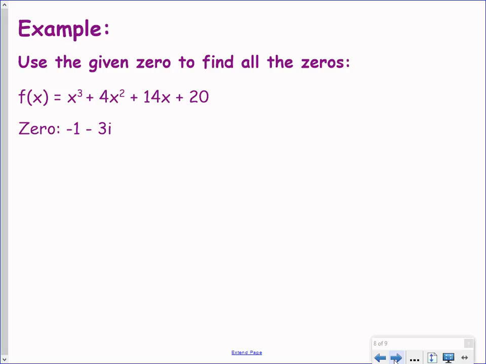Okay, so we have one more example. Use the given 0 to find all the zeros.